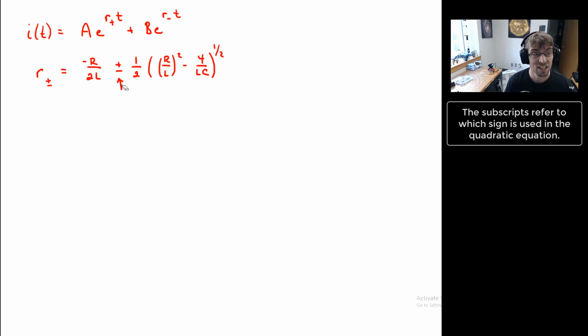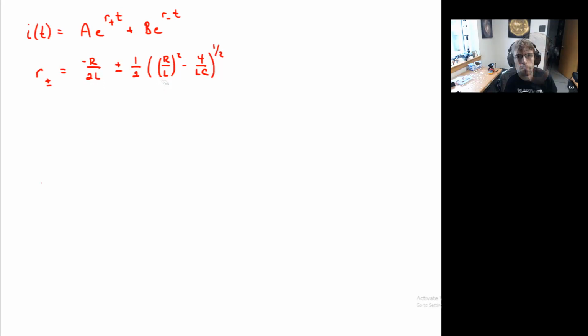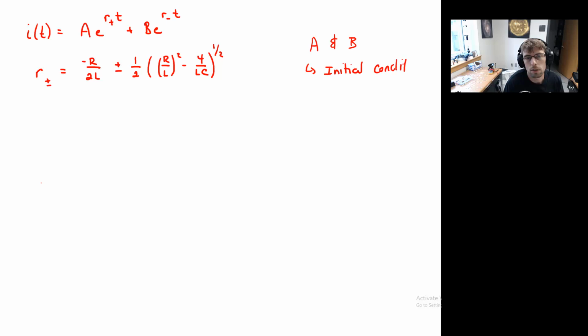Technically, the current could be a linear combination of those two answers. Now we'll have to discuss how to get the values for A and B, and those will come from our initial conditions. Things like having the current at 0 the moment the switch is closed, for example, setting that current equal to 0.